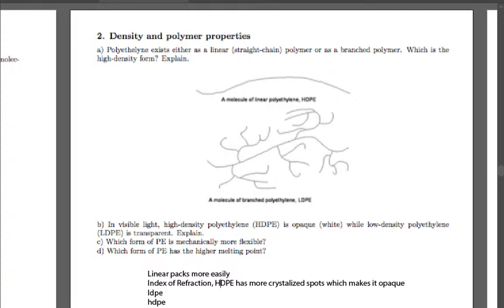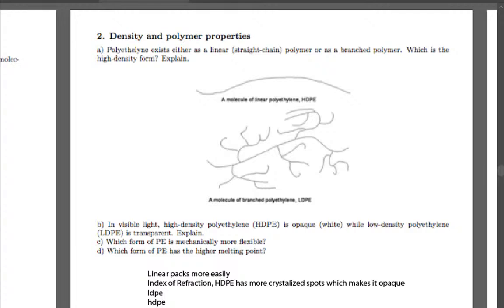And then, which form of polyethylene is mechanically more flexible? Well, with flexibility, I don't really know, but for the form which has a higher melting point, I know what.